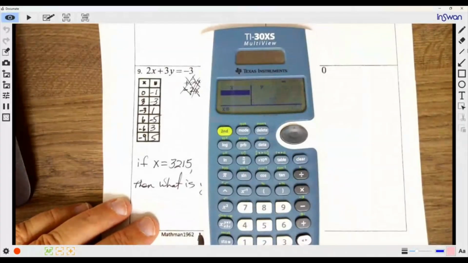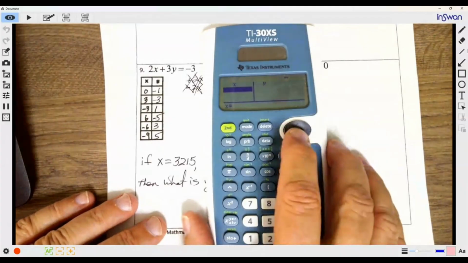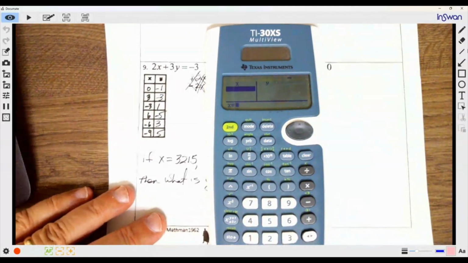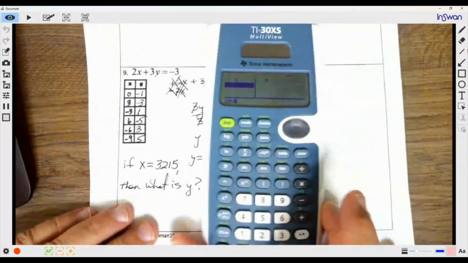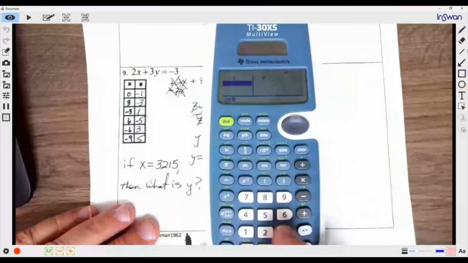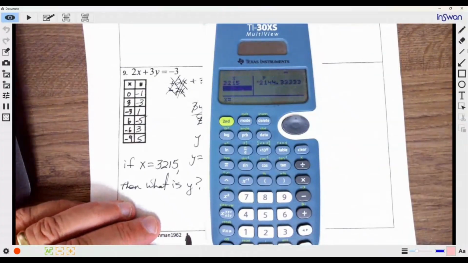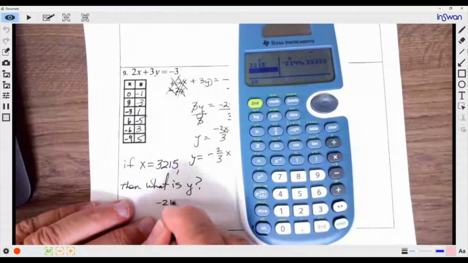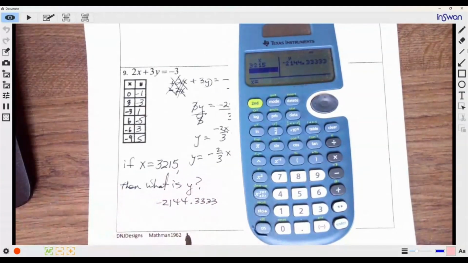And then when I hit enter, it's going to give me sort of a table of values where I can be recording some values. But if I hit enter, it's going to jump down there to the bottom and it says x equals. Well, then here I can punch in a value for x. I'm going to punch in 3215, enter. And I get negative 2144.3333.